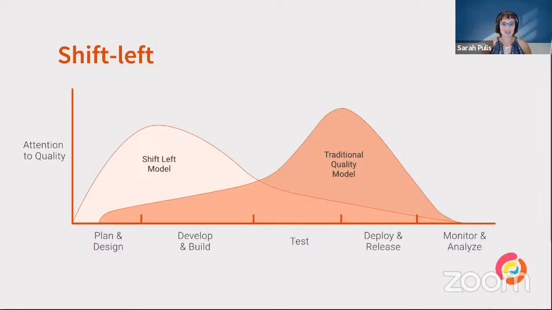The image on the screen shows a more traditional quality model where testing is left quite late in the process, with more formalized testing and a deployment and release cycle. This can be done in Agile. Agile means testing is done earlier, but it still means that testing is done quite late in the process, often after design and development.